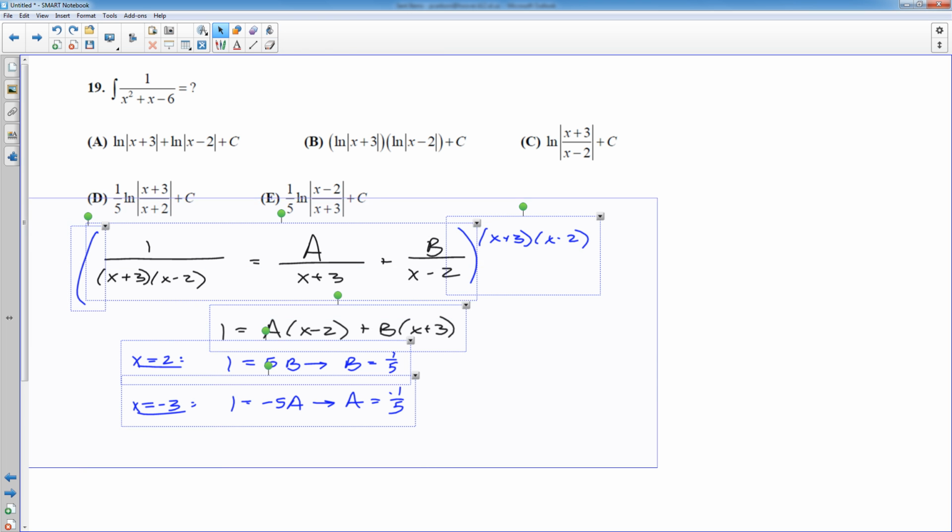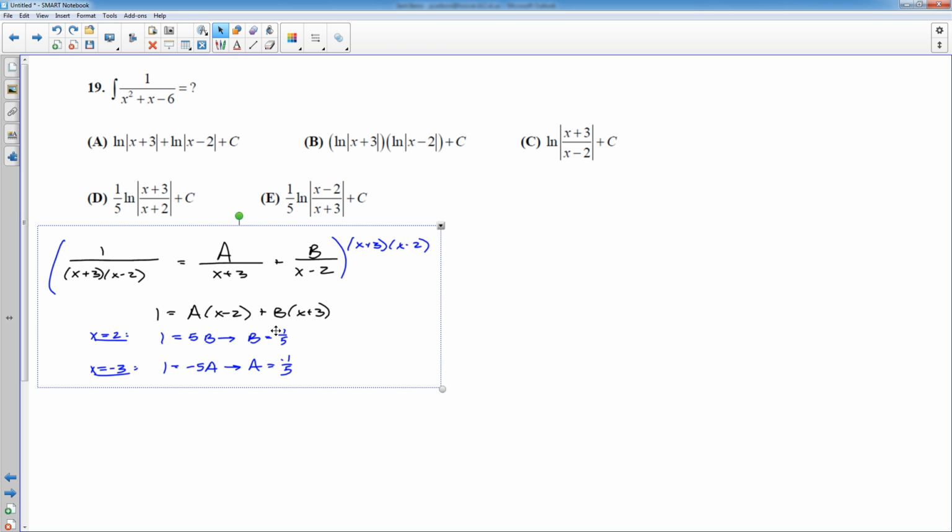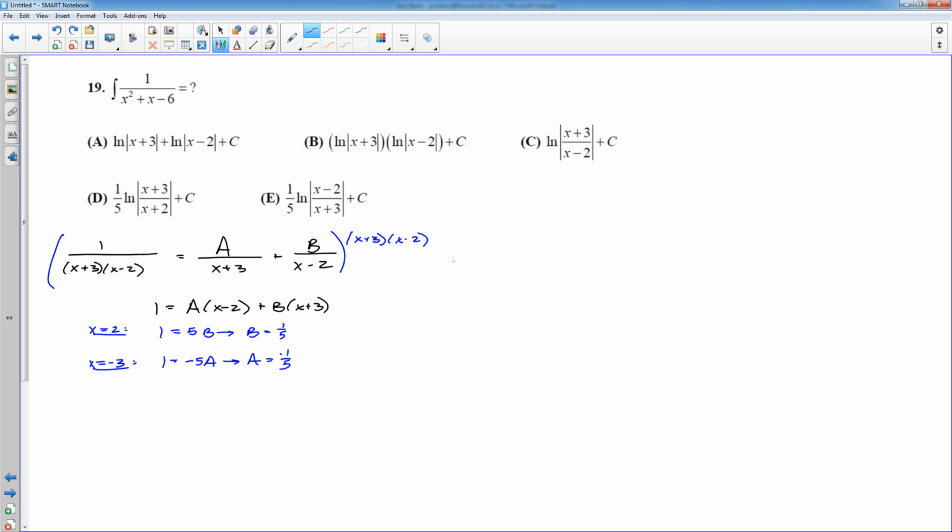Now that I have partially fractally decomposed the problem, I rewrite the original as the antiderivative of, it was a, so negative 1/5 over x plus 3, plus b, which was positive 1/5 over x minus 2, dx, and I'm going to factor out a 1/5, antiderivative of negative 1 over x plus 3 plus 1 over x minus 2 dx, and both of these fractions, the top is the derivative of the bottom.